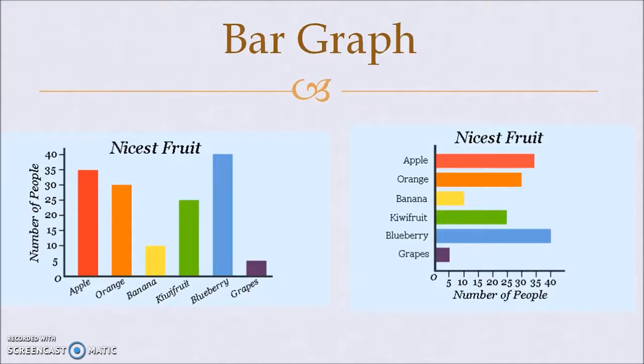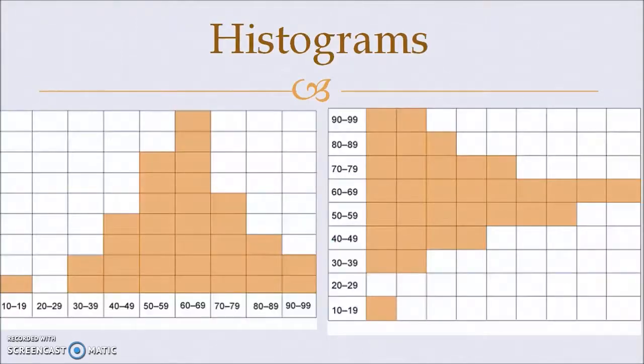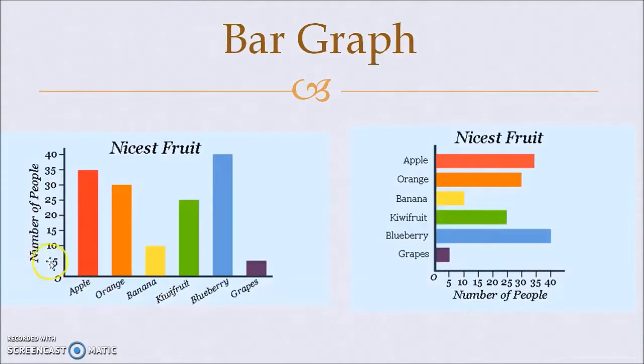But both of these are representing data, summarizing the data, providing you with the frequency. So this is your frequencies, and you can label them. Like over here, you'll see it is 5, 10, 15, 20. So I know how many like apple is 35. I can use this information to actually make a table and do the statistics, find the mean, median, mode, and do a standard deviation.